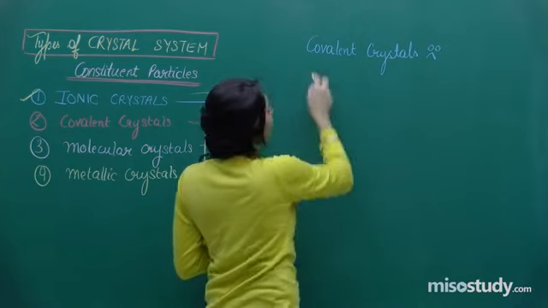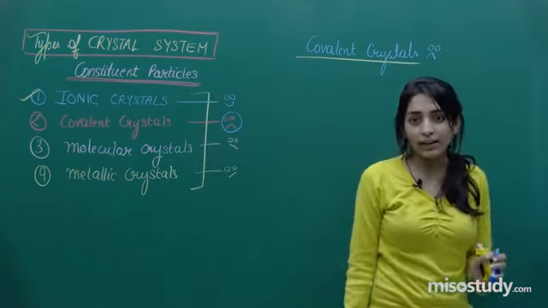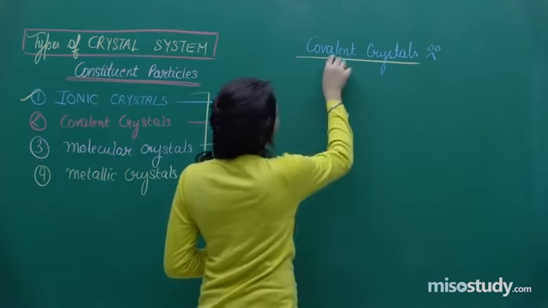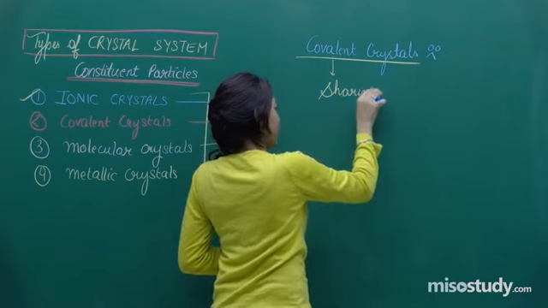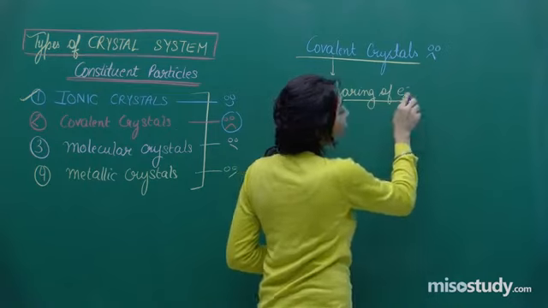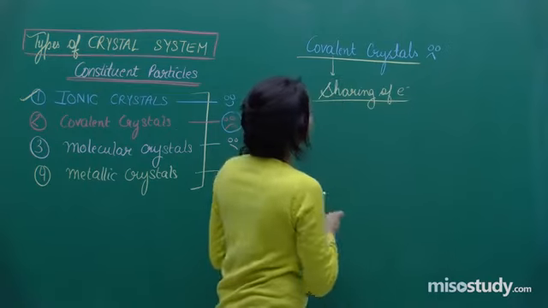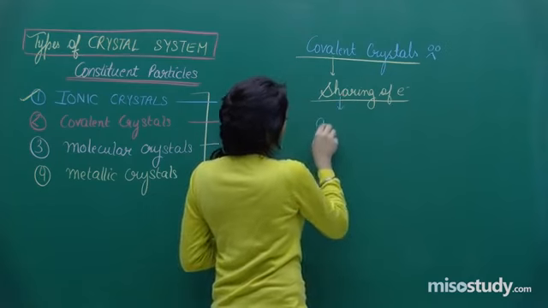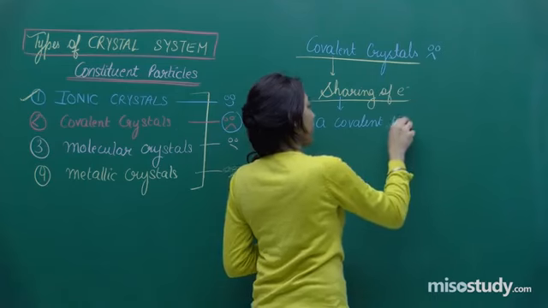Now see guys, what is a covalent crystal? Covalent is what? You know, right? A covalent bond is generally formed by the sharing of electrons. So if the electrons are shared between two atoms, there will be the formation of a covalent bond.